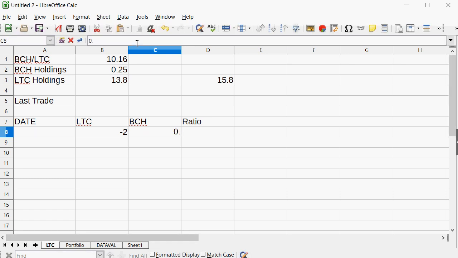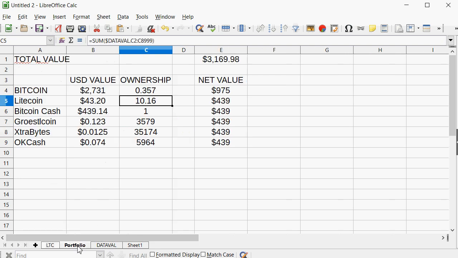No. If the ratio was 10 to 1, and I'm getting rid of 0.2. Okay, this doesn't make sense here. I only have 10 Litecoin. That's why. Okay.